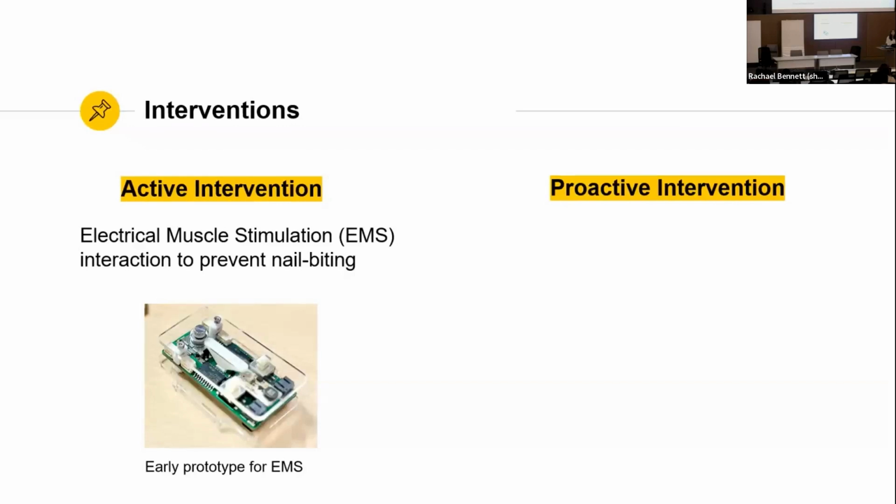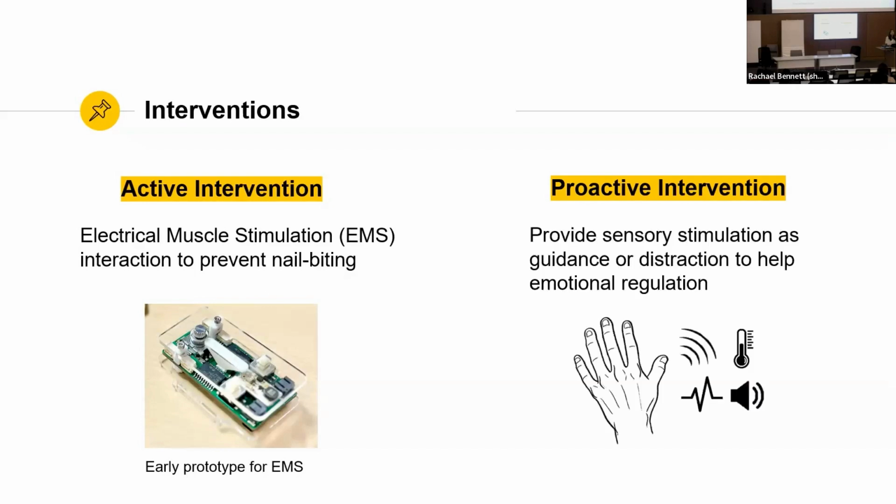And by using this, we can make people clench their fists or stretch their fingers, or we can even manipulate their arm trajectory to keep the distance between mouth and hand. And for the proactive intervention, we provide some sensory stimulation as a guide or some distraction to help them regulate their emotions.